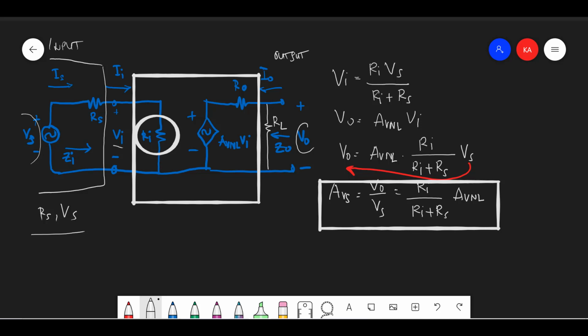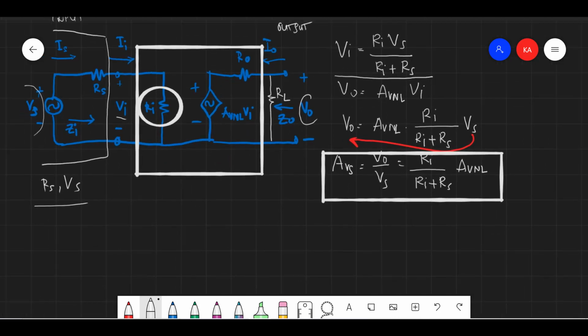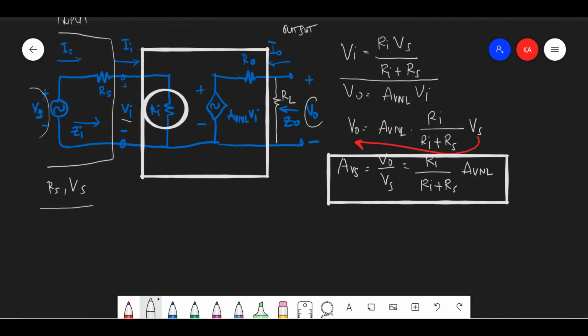On the input side, we find that Vi is Ri Vs per Ri plus Rs. So we can write that Vi per Vs is equal to Ri per Ri plus Rs.